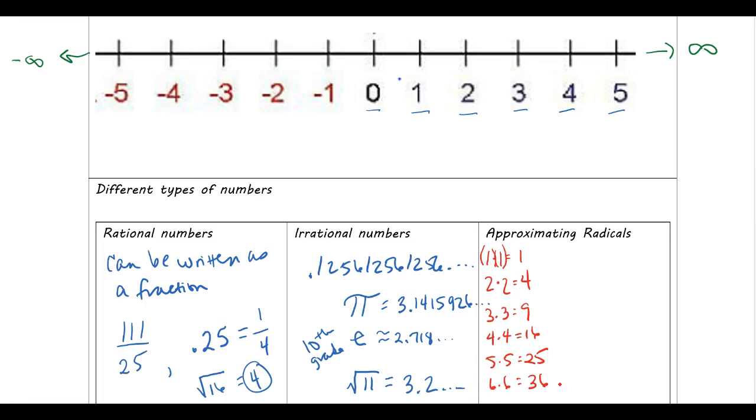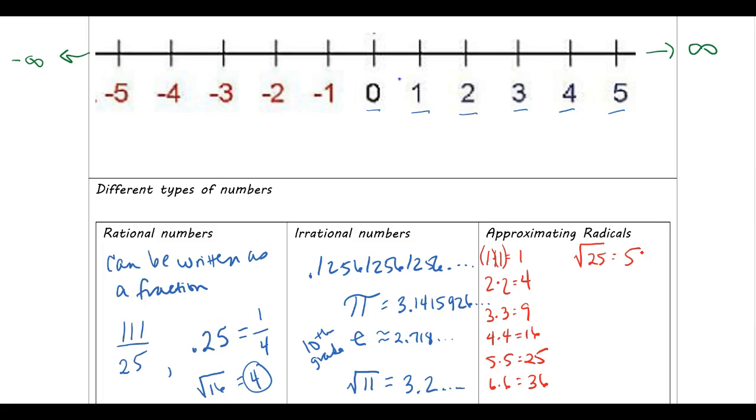Okay, so the point of this is so that if somebody gives you a radical or a square root and they're like, hey, what's the square root of 25? This is like working backwards from what we did here. So that would mean, well, 25 is asking what number times itself equals 25. Well, we just did that, right? The answer would be 5.